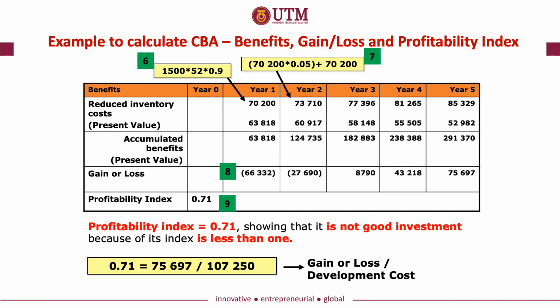In step 9, the profitability index is calculated by dividing the year 5 gain or loss value, which is 75,697, by the development cost, which is 107,250. If the profitability index value or PI is less than 1, the analysis results suggest that the proposed project with estimated costs and benefits is not a good investment for further development.